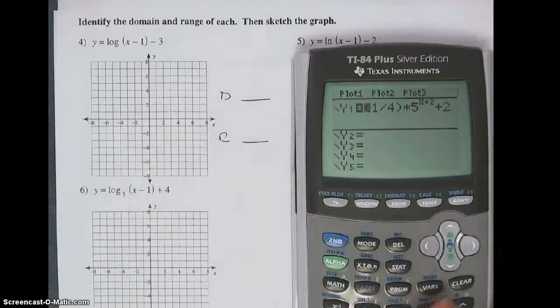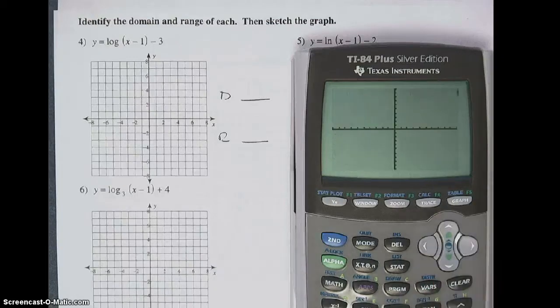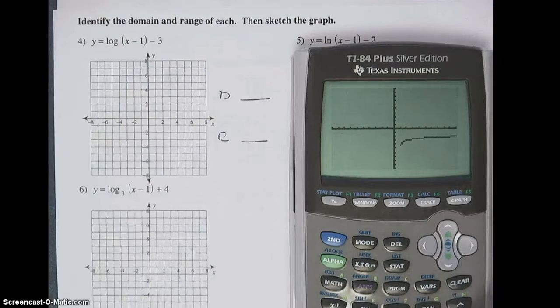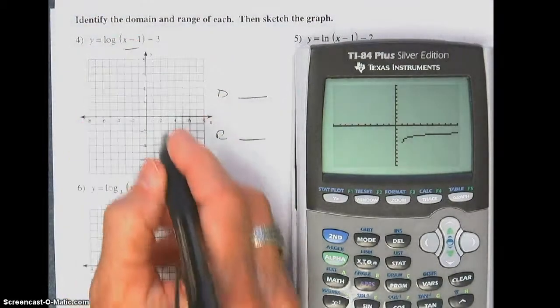Logs, you should remember from the other day, are kind of going to go opposite. So if we hit the log of x minus 1, and then again, make sure you end that parentheses and then -3. When we graph it, they go opposite, and what I mean by that is now we're going to level off in the x direction.